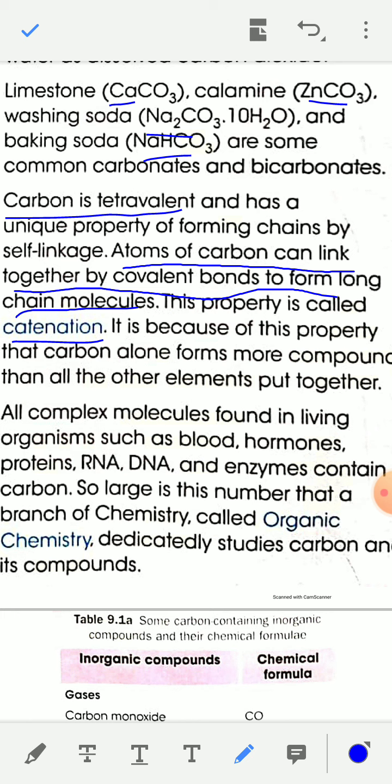It is because of this property that carbon alone forms more compounds than all the other elements put together. And all complex molecules found in living organisms such as blood, hormones, proteins, DNA, RNA, enzymes, all these complex molecules contain carbon.